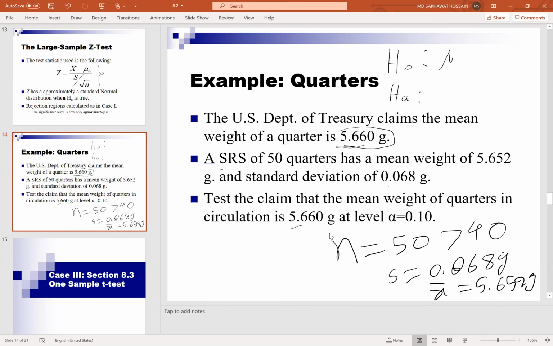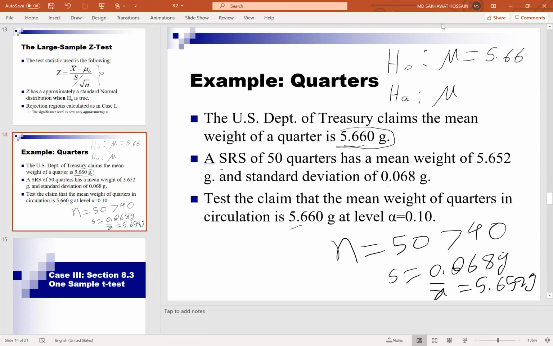Null will be mu. Anyone? So what is the null hypothesis in this case? Yes, null is mu equal 5.66, because this is the claim, right?